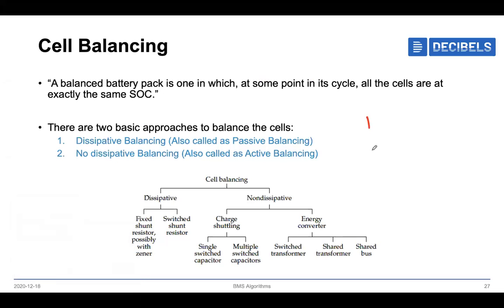So let's say this is one cell and this is another cell. This is the weak cell, which means there is some problem with this, and this is a strong cell. So what might happen if these two cells are connected in series?